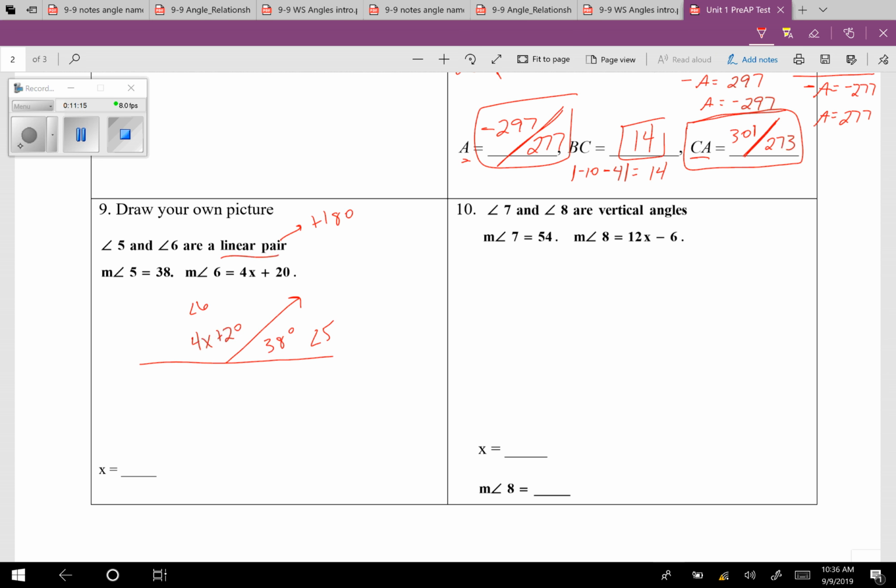So angle 5 plus angle 6 equals 180. So it's 4x plus 20 plus 38 equals 180. So then just combine like terms. 4x plus 58 equals 180. Okay, take away 58 from both sides.